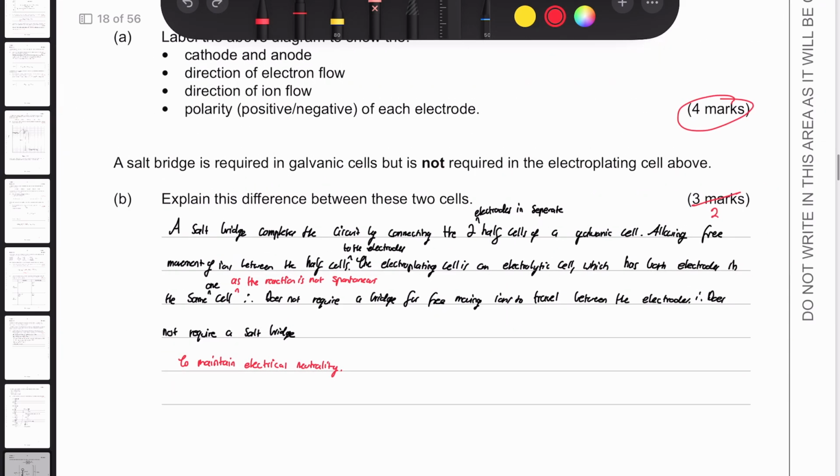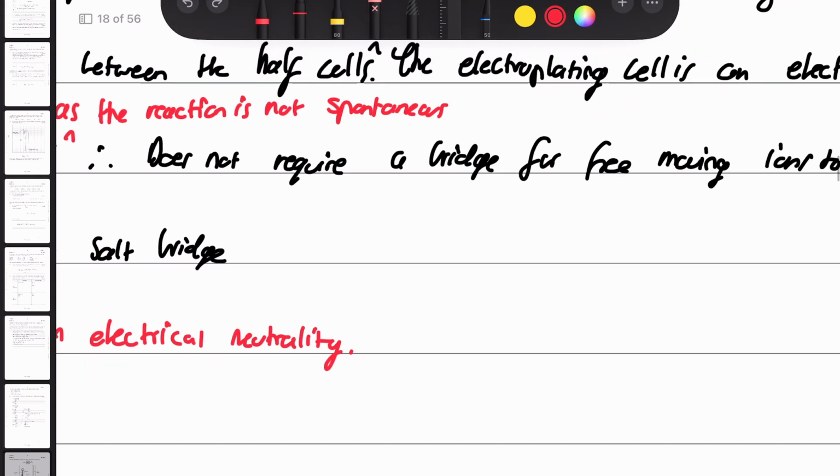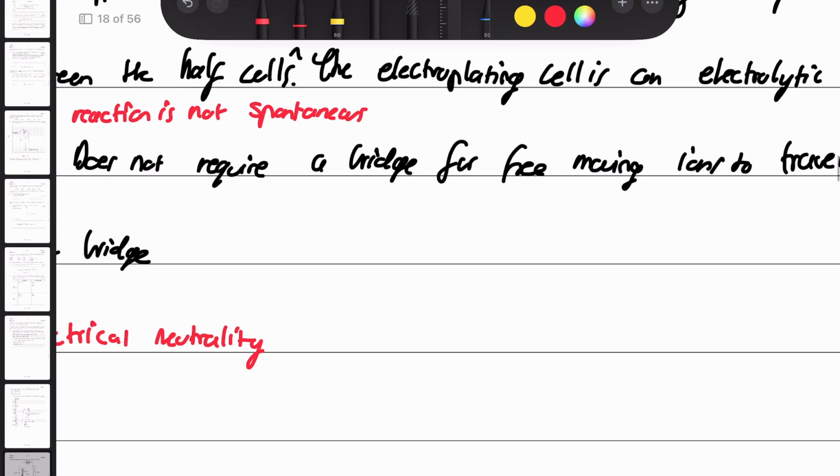Oh my god. But for some, it's worded weirdly. A salt bridge is required in a galvanic cell to maintain electrical neutrality. So I guess because they're separate half cells. Maintain electrical neutrality in a galvanic cell.